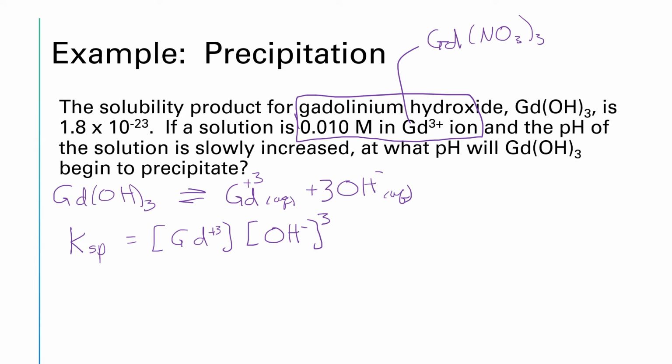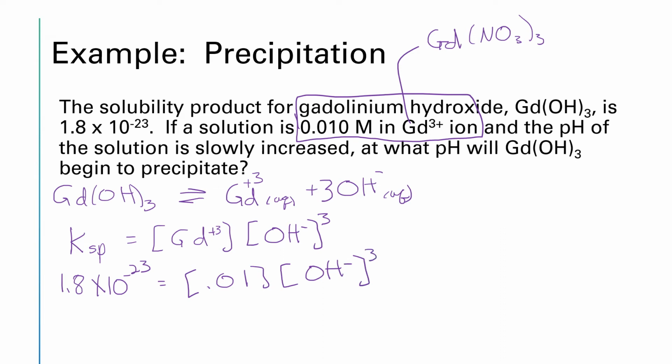So when we start to plug numbers in here, we're trying to figure out what value of hydroxide will make Q equal to KSP. Well, we know that KSP is 1.8 times 10 to the negative 23rd. Gadolinium is 0.01, and then hydroxide is the thing that we are looking for.